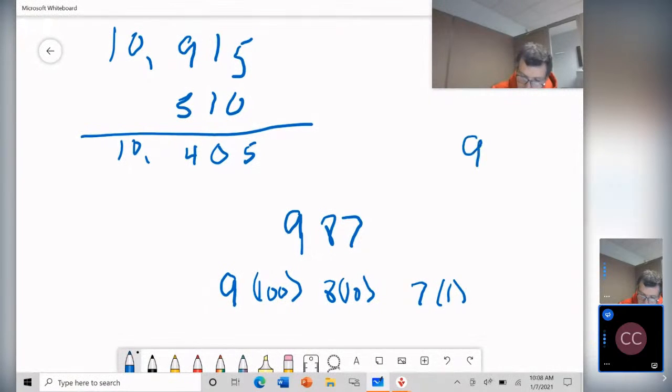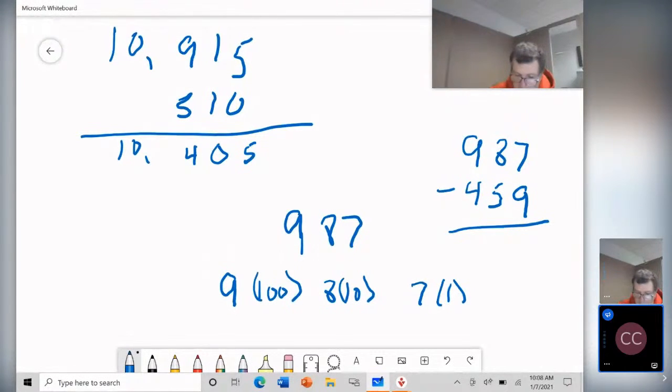So if we had 987 minus 459, you're going to borrow from the 8, which is the tens column, and you're just borrowing 1 ten or 10 ones, whichever way you want to look at it. So that would become a 7, and that would become 17.